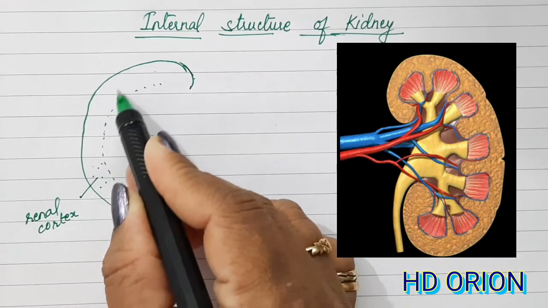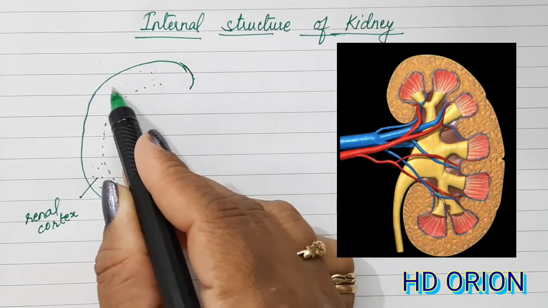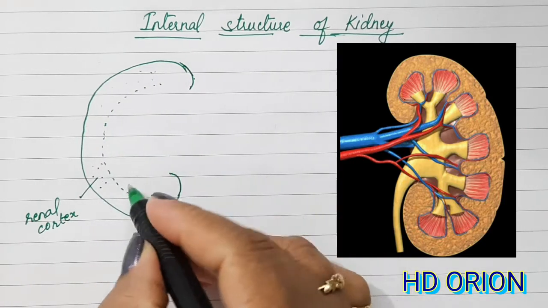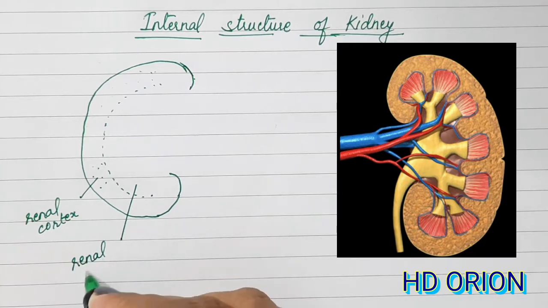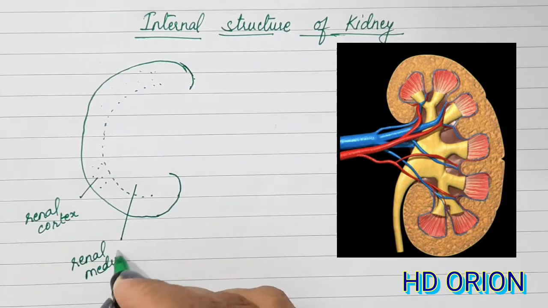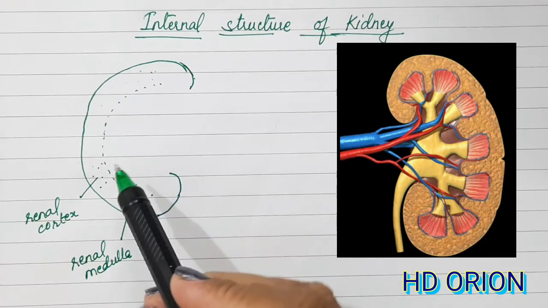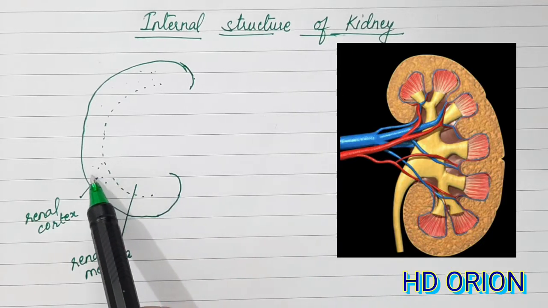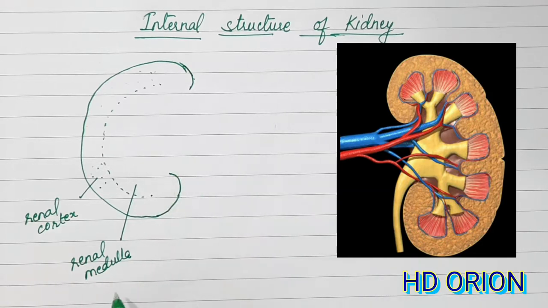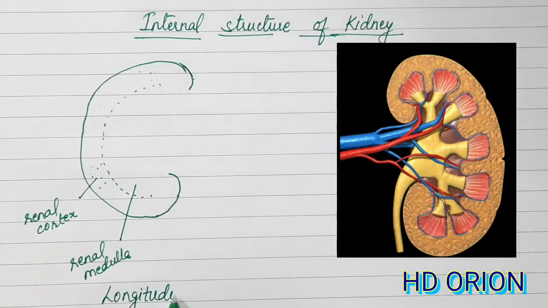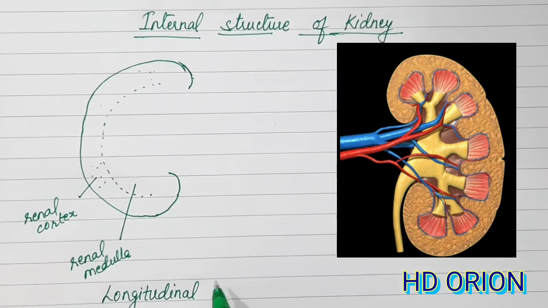So this entire region is a dotted region, and the inner portion is known as renal medulla. So, the longitudinal section of the kidney shows basically two parts, outer renal cortex and inner renal medulla. This is the longitudinal section or the LS of kidney.